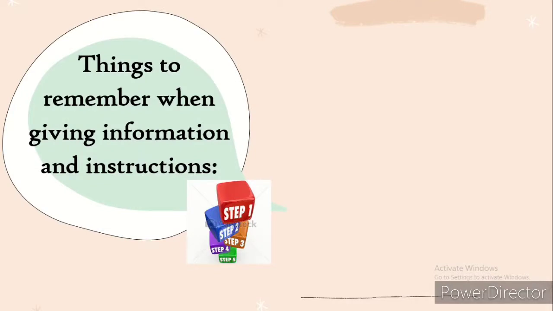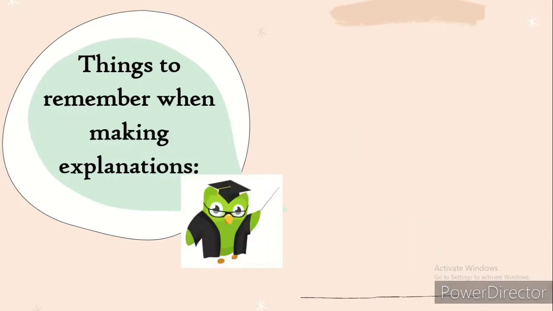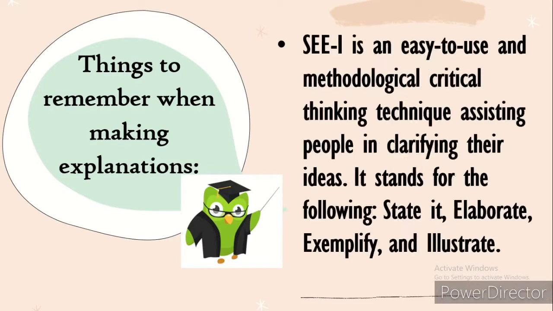Let us have first the things to remember when giving information and instructions. First, you need to be direct. Set the context. Be clear and remember that things can go wrong. And here are the things to remember when making explanations.